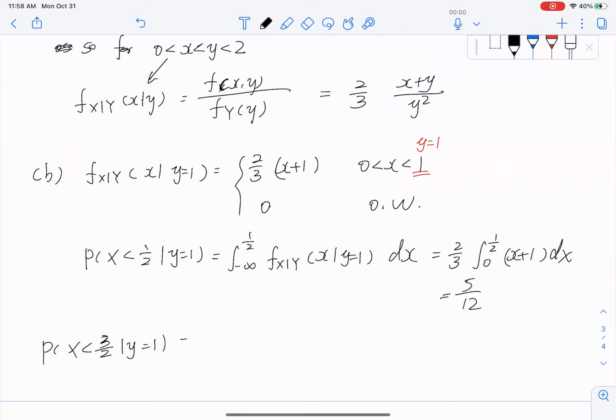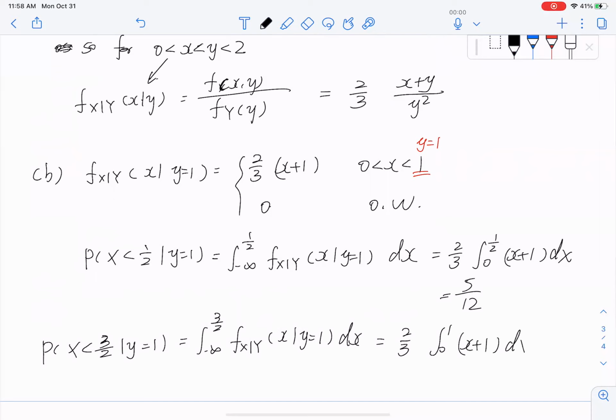Okay, so now the same integration from negative infinity to 3/2. But this time it will be a little bit special because, see, this part.